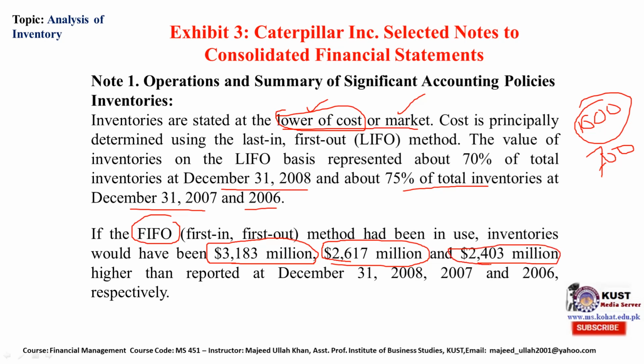So it means if the company adopted the FIFO method, its inventory value will increase by this amount in 2008, this amount in 2007, and this amount in 2006. So this is the basis for our calculation or solving the questions.